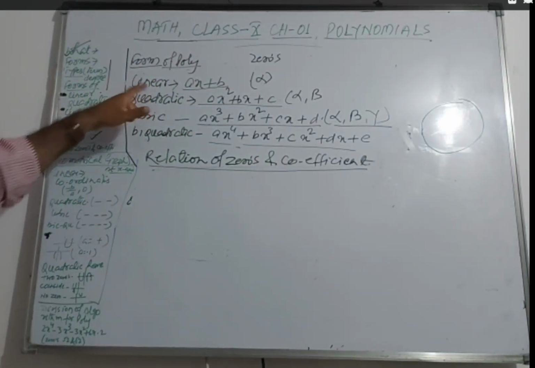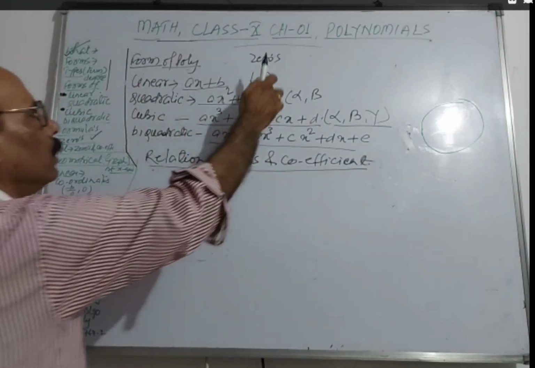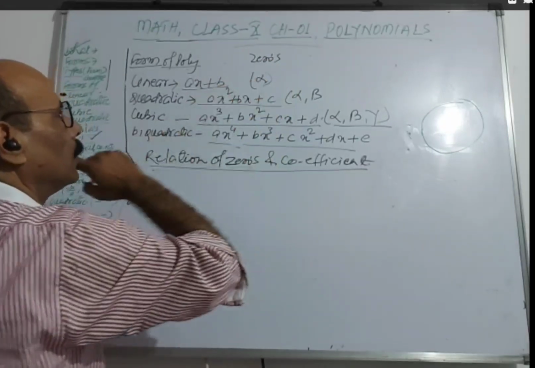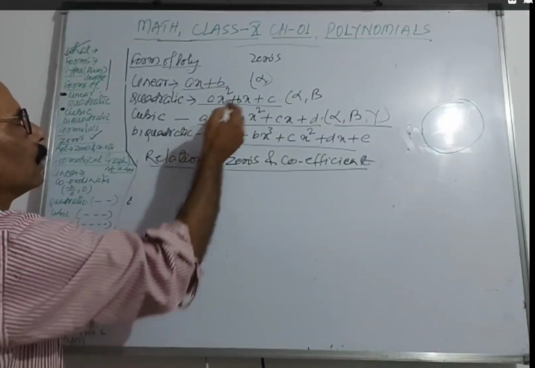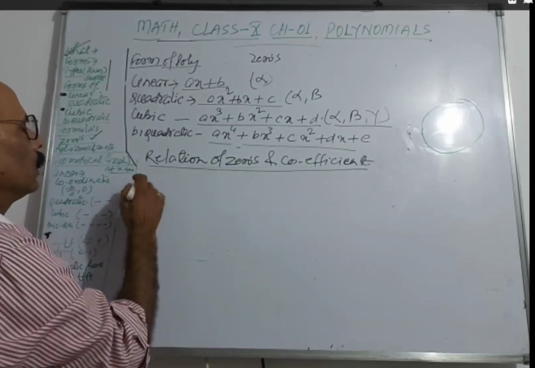First of all, linear. In linear, only one zero is there, alpha. What is the relation for linear?